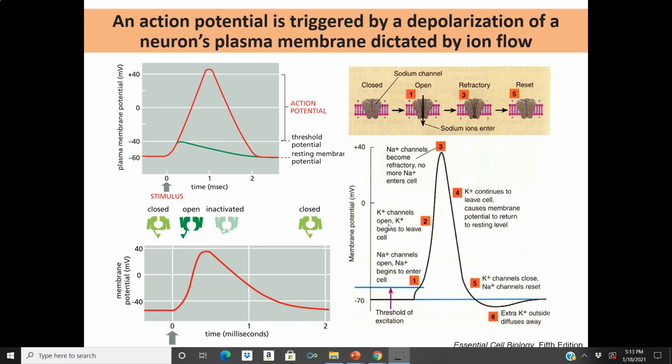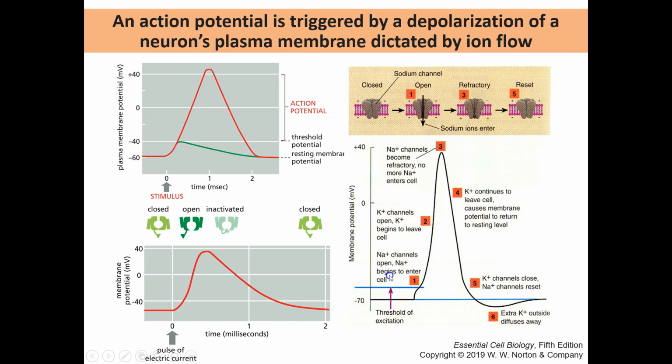Remember, these sodium channels will work in conjunction with channels for potassium as well. They are both important in getting the membrane depolarized in a neuron for a proper action potential to occur.